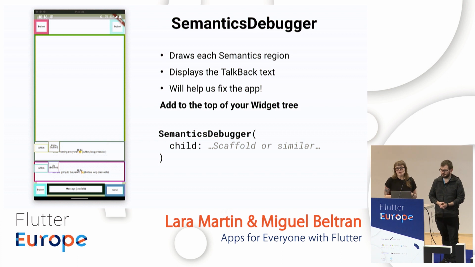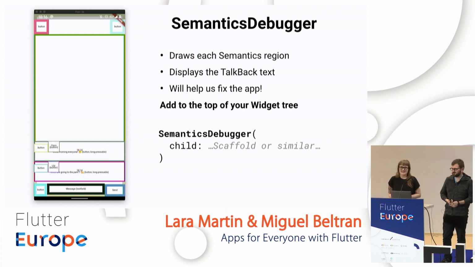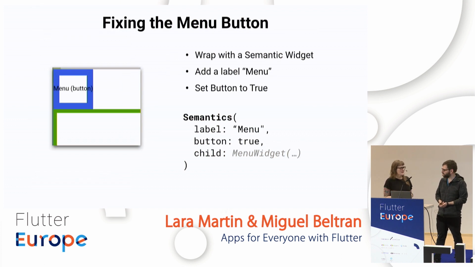The Semantics Debugger widget is drawing with different colors each of the semantics regions, and writes also in text what is gonna be read by the screen readers, so this will help you debugging and fixing your application, without having to go into TalkBack. Yes. That's something I don't think exists in Android. I've never seen that. No, in native Android apps? No, in native code, I've never seen that. I just fell in love with that widget.